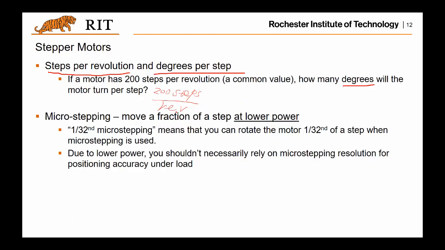There are 200 steps per revolution. For one revolution, basically there will be 360 degrees here, right? So in that sense, for 200 steps, the whole motor revolved 360. Then what will be the degrees per step?